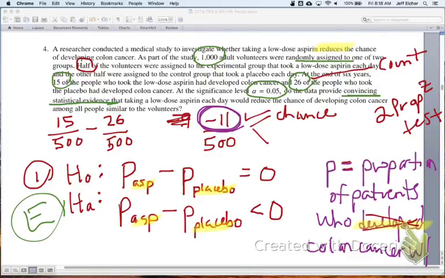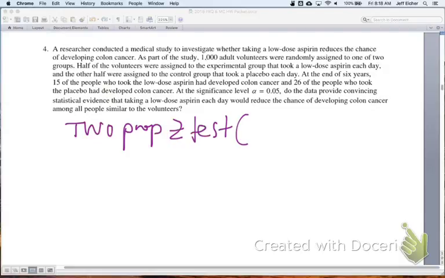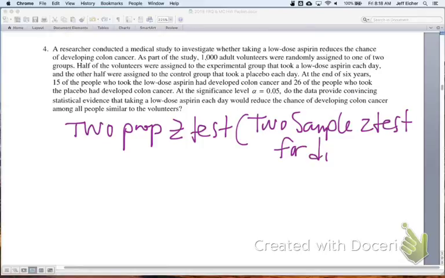Looking at the next part, number 2, check conditions. So we're going to use a 2-prop Z test. The official name, be careful here because this confuses students, is a 2-sample Z test for the difference in proportions.